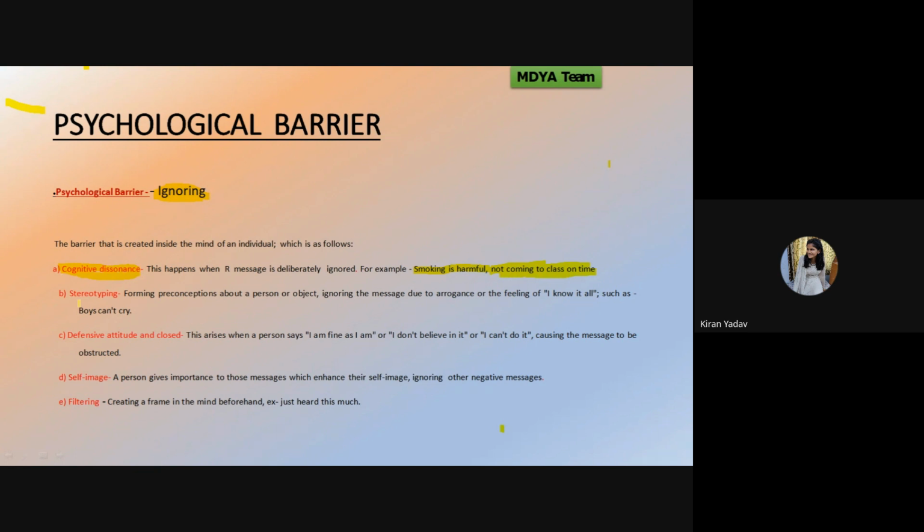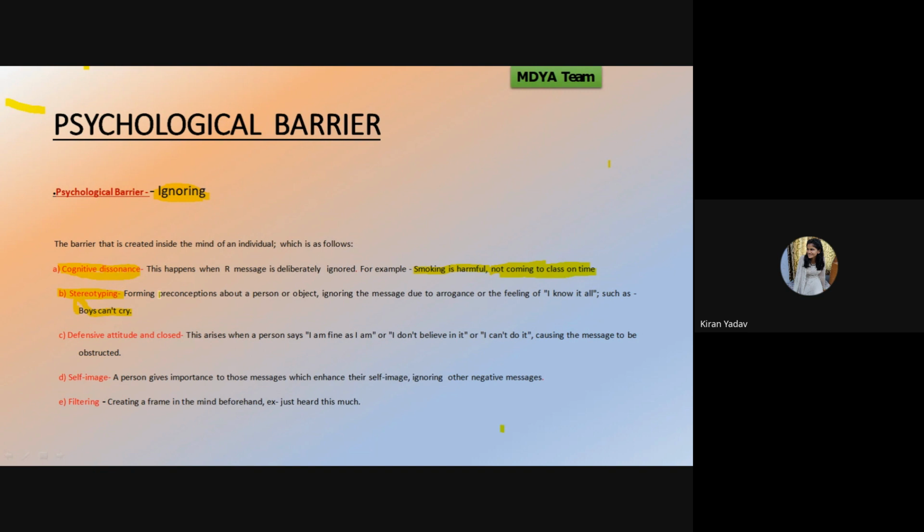And second is stereotyping. So anybody knows about stereotyping? No idea, okay, no problem. It's like, for example, boys don't cry.